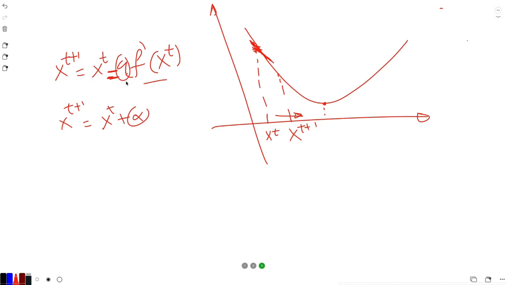So we should select eta carefully. As eta, the adaptation rate, becomes very small, closer to zero, it is guaranteed that we will reach the optimum point, but it can be very slow. If it is large, then we can approach faster, but we have the danger of diverging. So we need to compromise between these values.